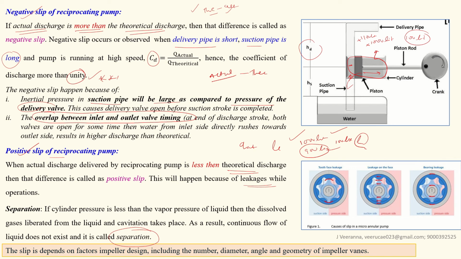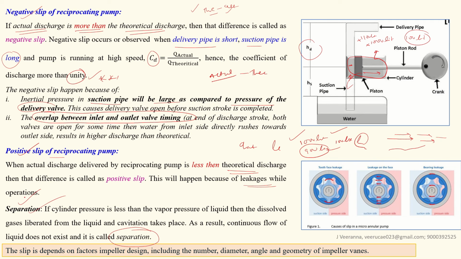As a result cavitation takes place, the continuous flow breaks, and the flow comes with some gaps. That is called separation.